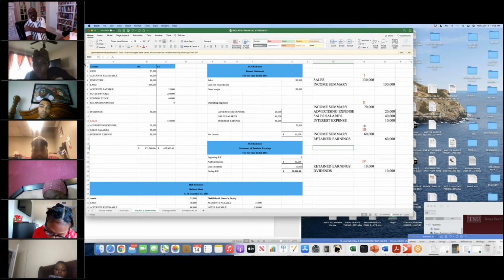So these entries stay the same. We close out the revenue, we close out the expenses, we close out the net income, we close out the dividends. Are there any questions?